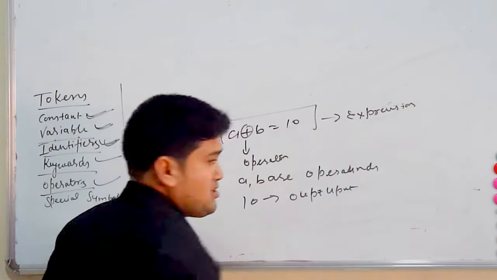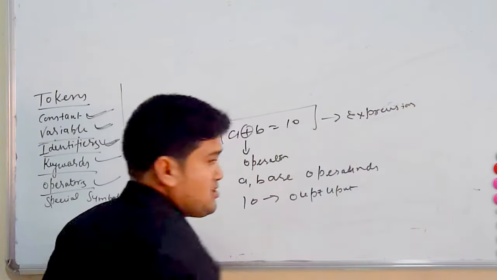Suppose we are writing here plus plus a and a plus plus, minus minus a and a minus minus. This is called the pre-increment operator. This one is called the post-increment operator. This is called the pre-decrement operator and this one is called the post-decrement operator.